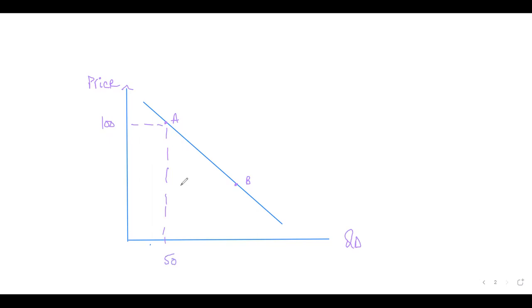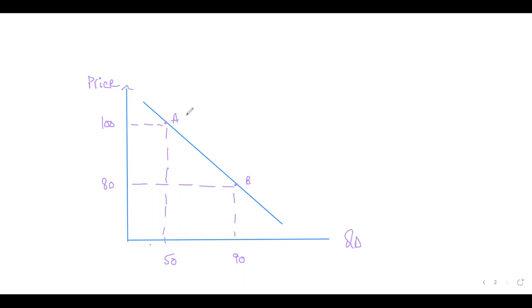Now, when you move from point A to point B, that shows that your price decreased from 100 to 80 rupees per unit. The price of each unit of the good is lower and your consumption increased from 50 to 90. Is it making sense? In other words, listen to this carefully, a consumer will consume more units of the good only when the per unit price decreases.